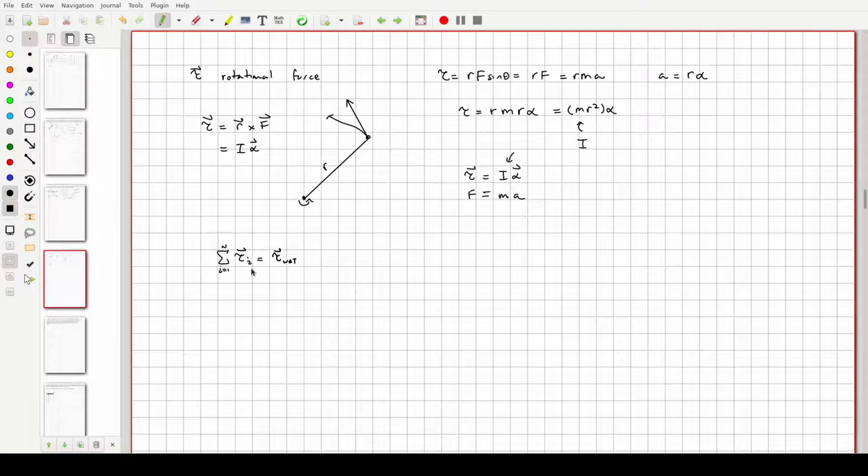That is, all of the torques that are acting on something combine to produce a net torque, which you can write as I times alpha. This looks really familiar. This almost looks like what you do when you sum up the forces to get the net force, which is m times a. Oh, this is Newton's second law.